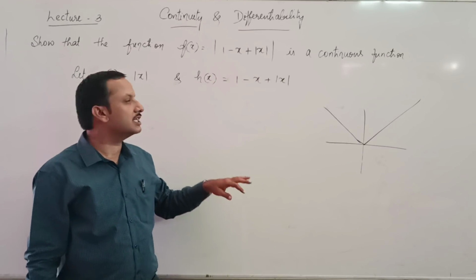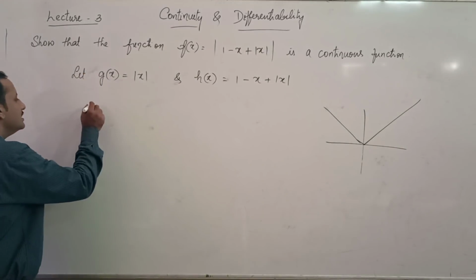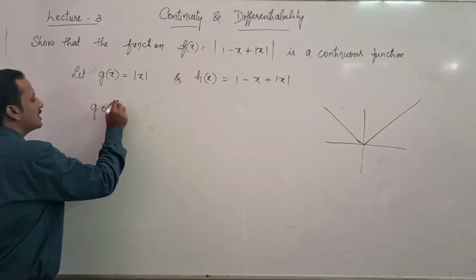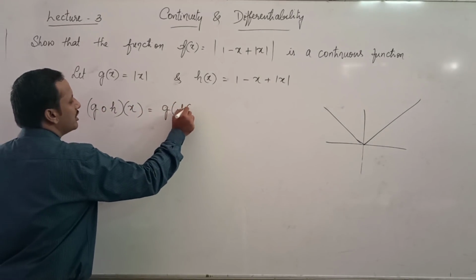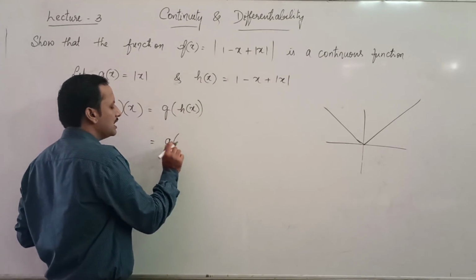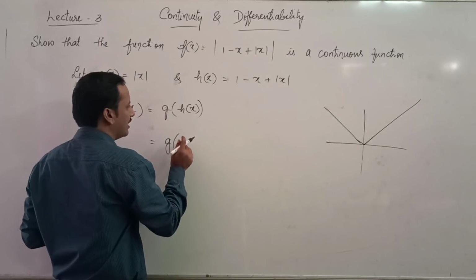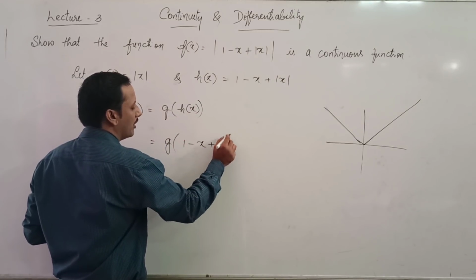But the question is to prove that f is continuous, which is this one. G circle h of x I will take. G circle h of x is equal to g of h of x. In place of h of x I will write this, 1 minus x plus mod x.